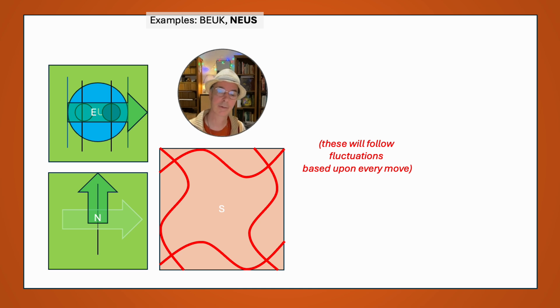It is based upon a fluctuation at the edges, which always follows all the changes. It's based upon every move that is there, and it will follow the changes and make a fluctuating frame at the outside. That's what it could do, and it's a bit difficult to make it just one formula, so I'm still working on how to do so, but this is a good introduction to show you what's happening, and with neus as well, how I will show it this time will make it even more clear.